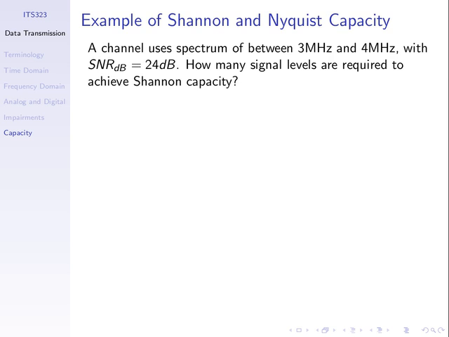Our bandwidth is still 1 megahertz, 1 by 10 to the 6, times log base 2 of m, which says that if we have this bandwidth and we want to achieve this capacity, we need this m number of levels. Let's solve.